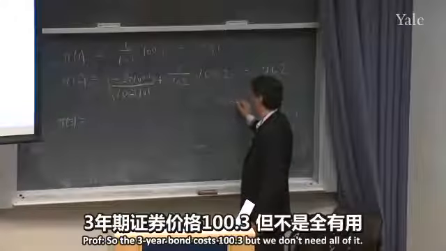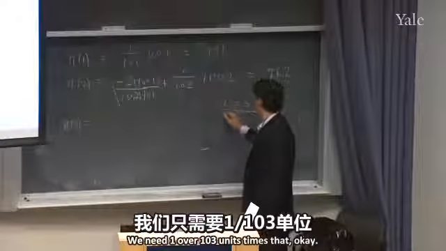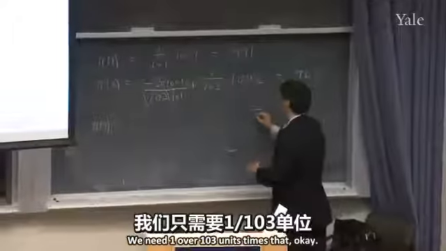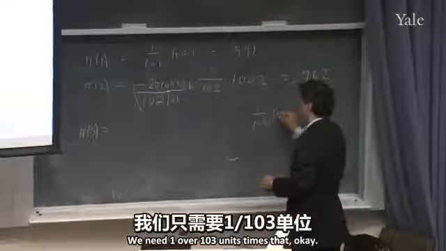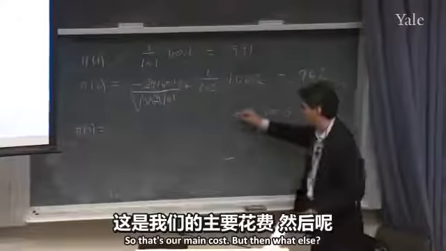So the 3-year bond costs 100.3, but we don't need all of it. We need 1 over 103 units times that. Okay, so that's our main cost. But then what else?